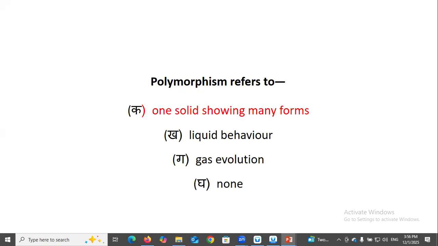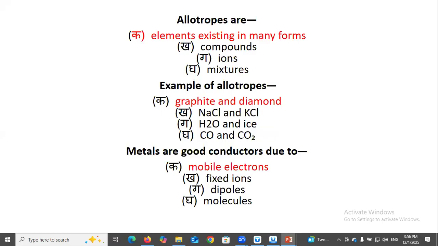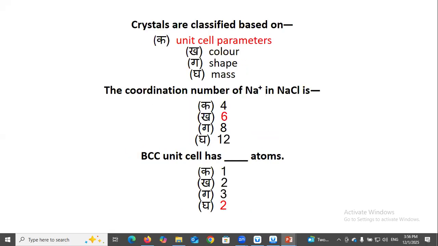Polymorphism refers to one solid showing many forms. Allotropes are elements existing in many forms. Example of allotropes: graphite, diamond. Metals are good conductors due to mobile electrons. Crystals are classified based on unit cell parameters.